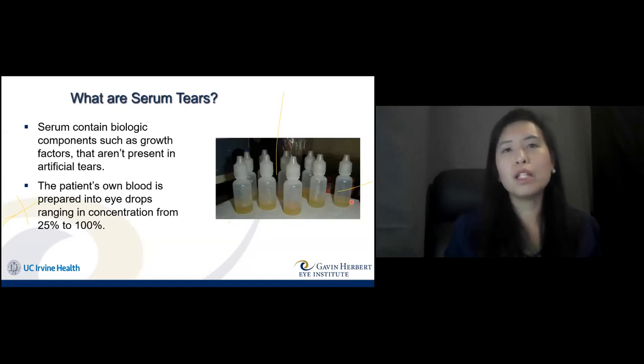So there is this idea that, well, what if we just took some other biological fluid and tried to put it on the eye? So one idea is to use the patient's own blood.